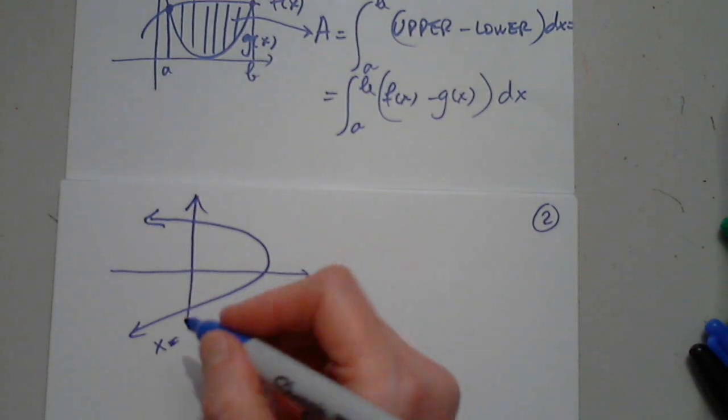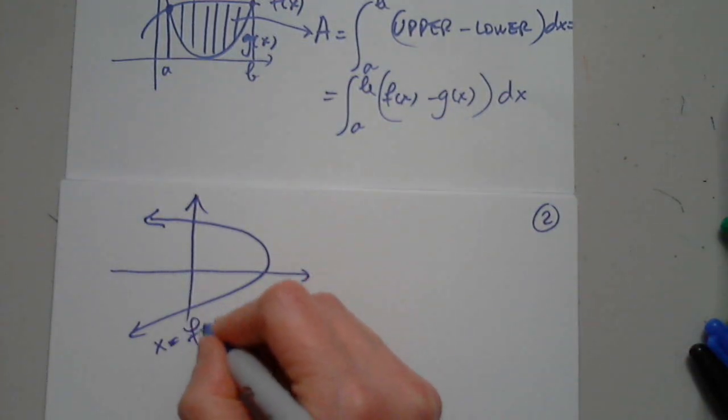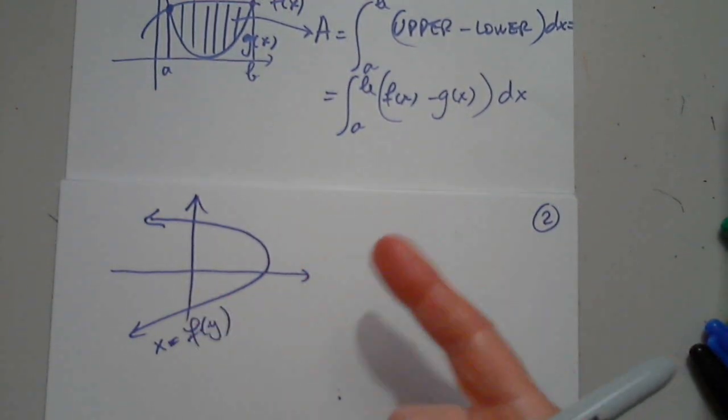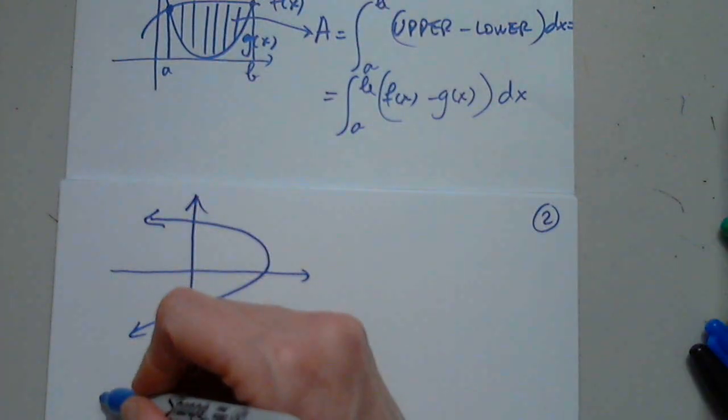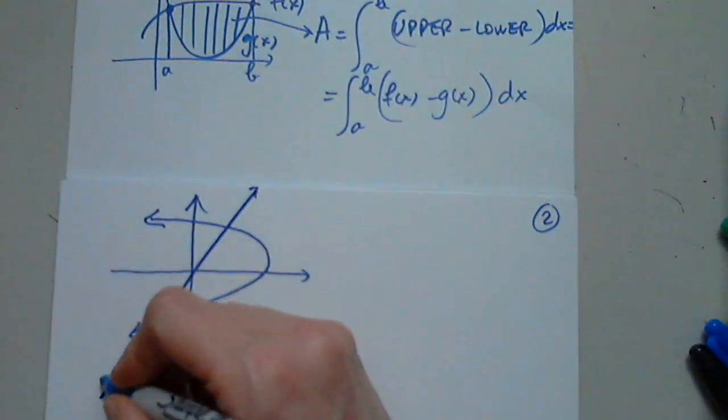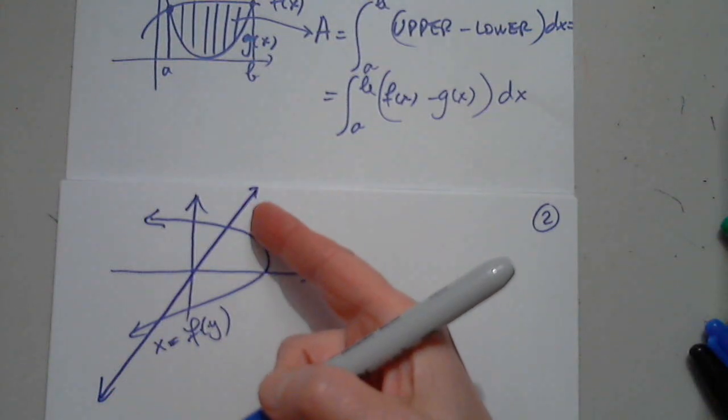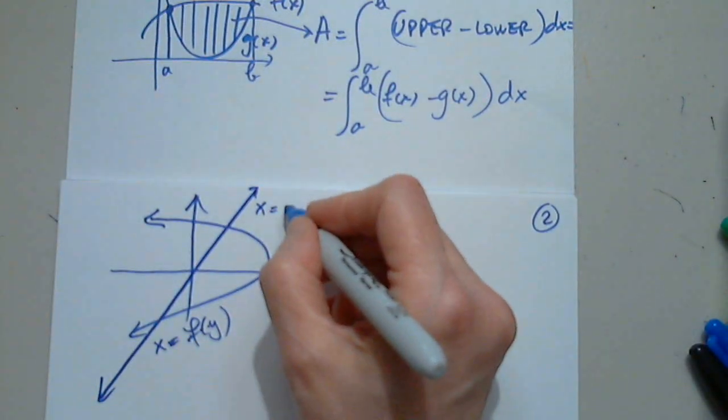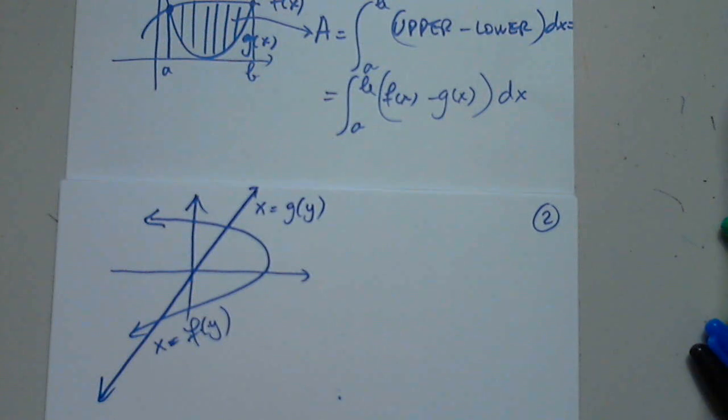I'm just going to say it's a function of y, because we're going to have examples in a moment. And here's another curve, which is a function, and let's say x equals g of y. How do I determine this area?